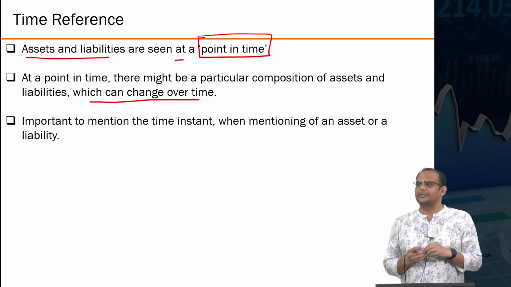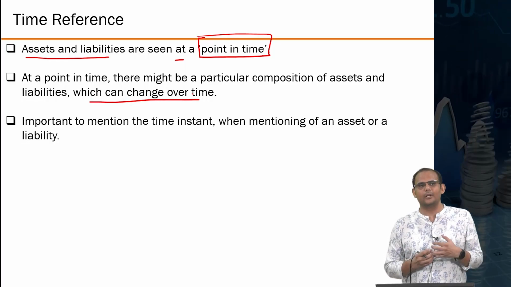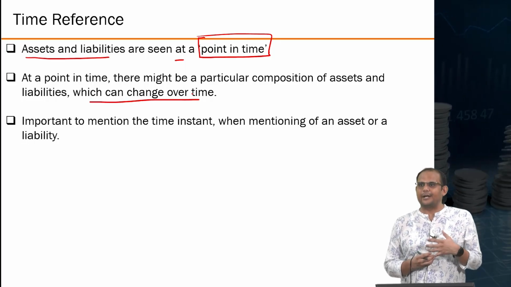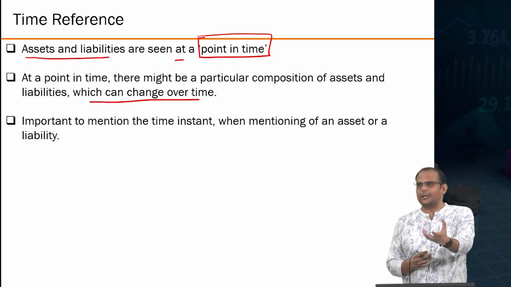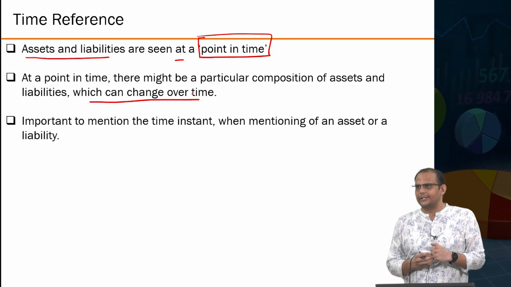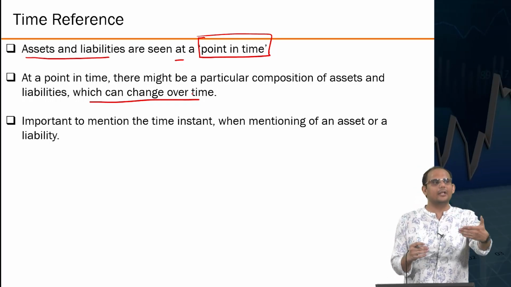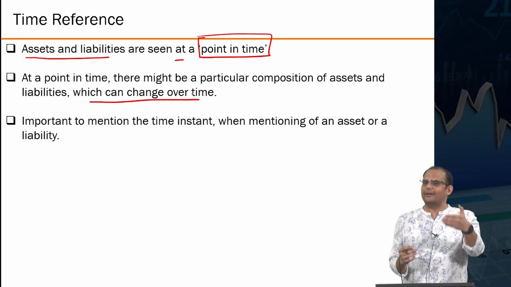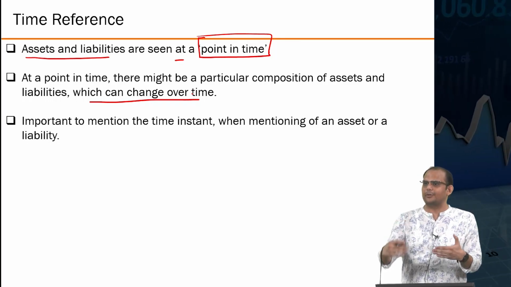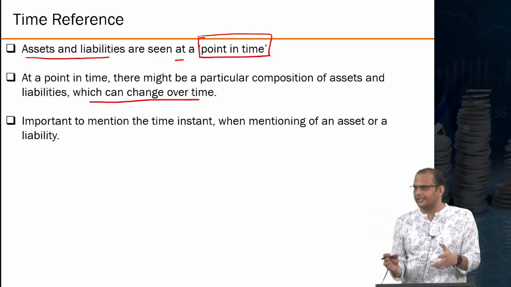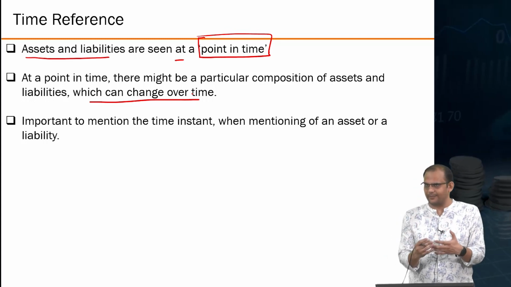For example, if you as a company hold 100 rupees today and you buy 20 rupees of raw material, your total asset is still 100 rupees. Originally, it was all 100 rupees cash. Now you have 80 rupees cash and 20 rupees worth of raw material. So asset can change its form.